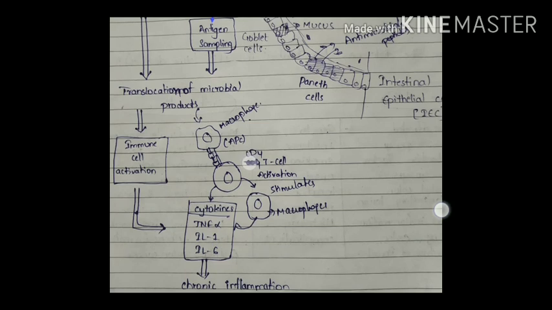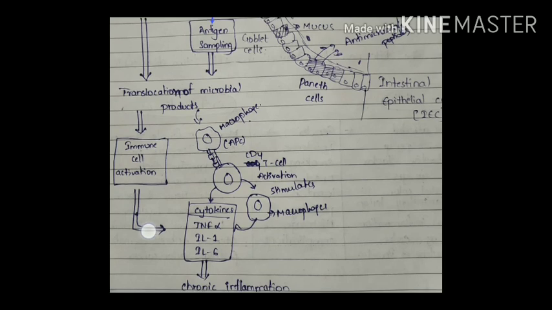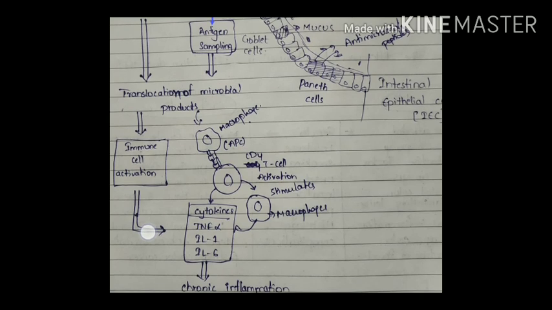Both the CD4 cells and the macrophages together start releasing cytokines. Is it clear? After the translocation of the microbial products, the macrophages, that is the APC, process these bacteria, and the antigen is presented for the activation of the CD4 T cells.